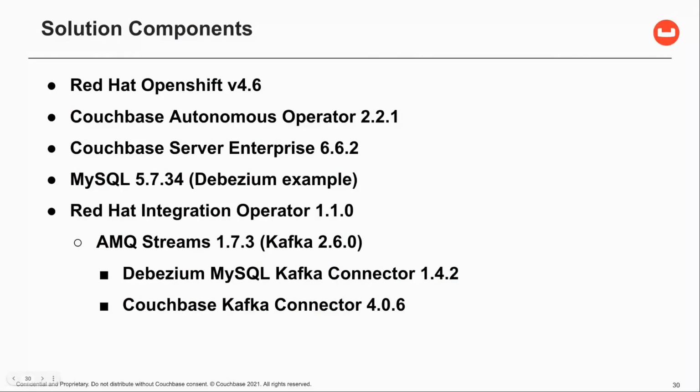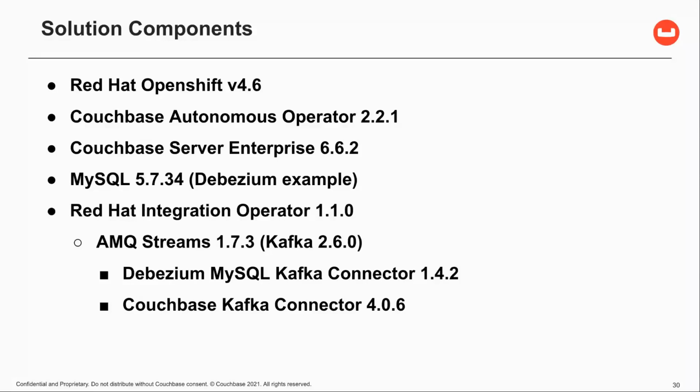So, here are the solution components. The demo is performed on an OpenShift 4.6 cluster running in AWS. We have the Couchbase Operator 2.2.1 installed via the OperatorHub, along with Couchbase Server Enterprise 6.6.2. The MySQL image used is the actual Debezium image, which is pre-populated with an example database.